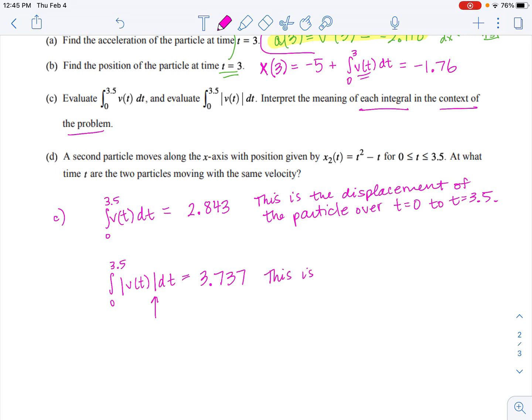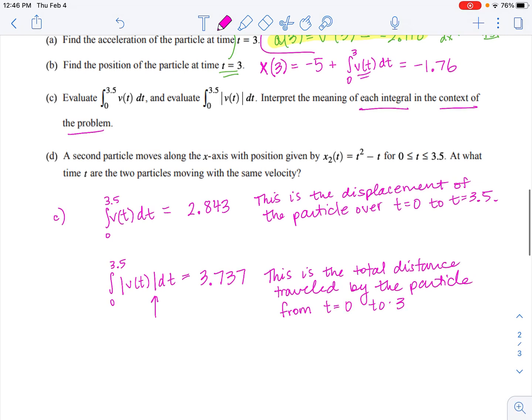And we would say this, because of the absolute value marks, is the total distance traveled by the particle from t equals 0 to t equals 3.5.